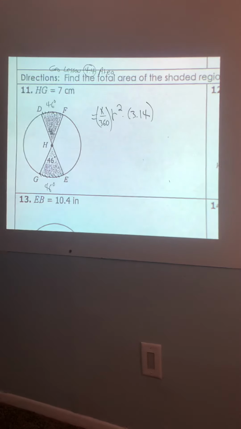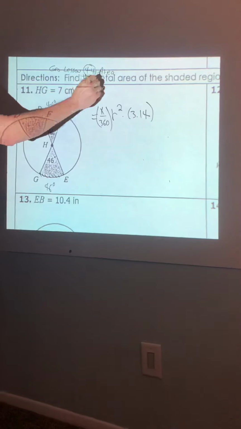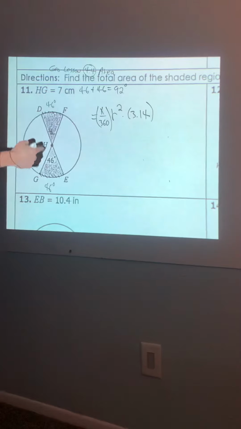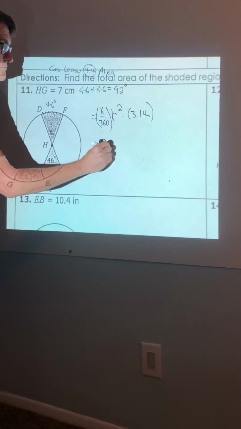So you're finding 2 sectors that have 46 degrees of the whole 360. So we're just going to double that. 46 plus 46 gives us 92. You want 92 degrees out of the whole 360. Pretty slick, huh?